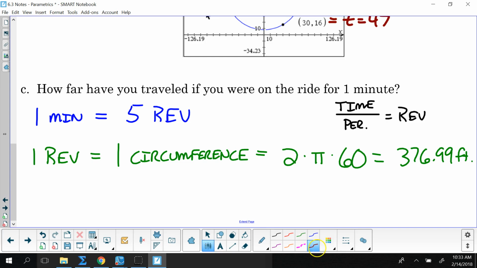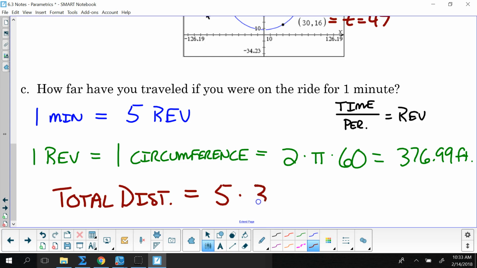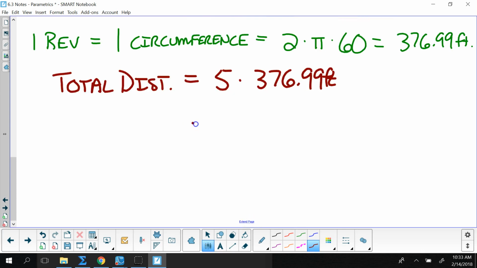So my total distance is going to equal 5 times 376.99 feet. Oops, there's an F in feet. Okay. Which is 1,884.96 feet. So that's the total distance that I traveled by spinning around the Ferris wheel for 1 minute.